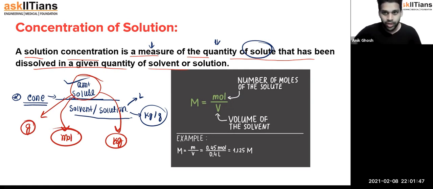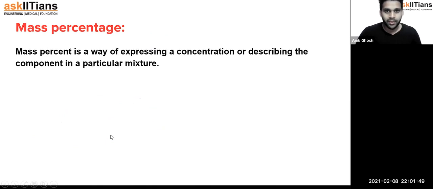Now we are going to learn about them one by one. The first thing is mass percentage. This is the simplest one. Mass percentage is a way of expressing the concentration or describing a component in a particular mixture.